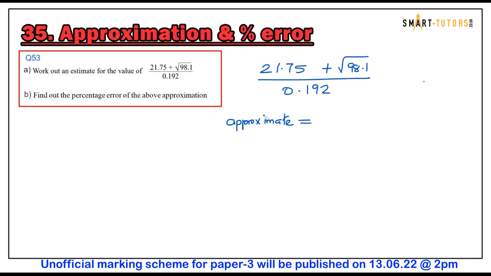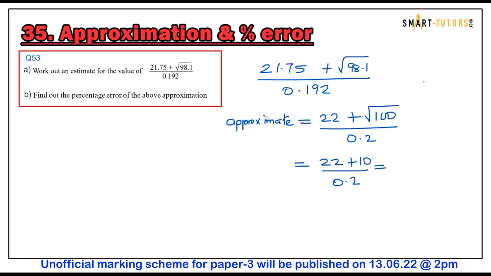21.75 is roughly 22, right? Plus the square root of 98, we can say 100, and this one I'm going to call 0.2. So now 22 plus the square root of 100, which is 10, all over 0.2.